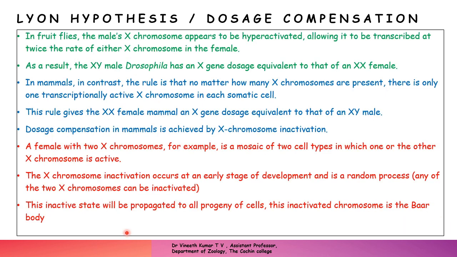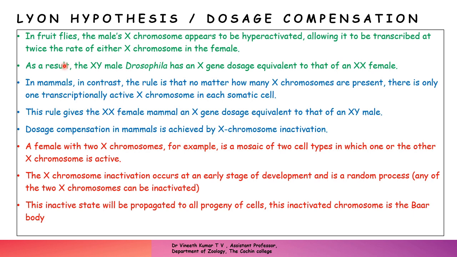As I said earlier, dosage compensation just means that in organisms with XY type of sex determination, to compensate the dose in males and females, some mechanism should happen, and that mechanism is called dosage compensation.